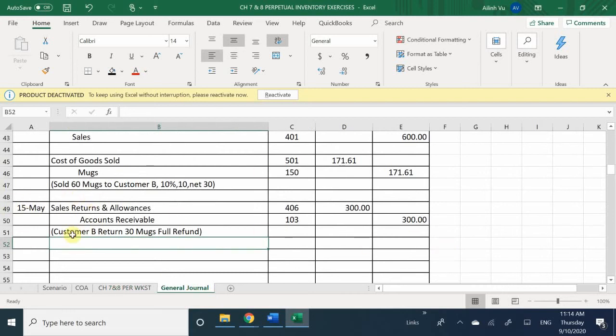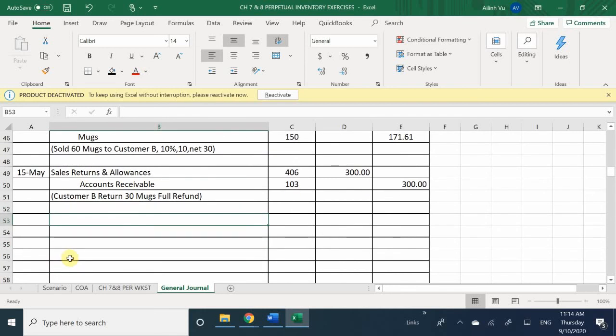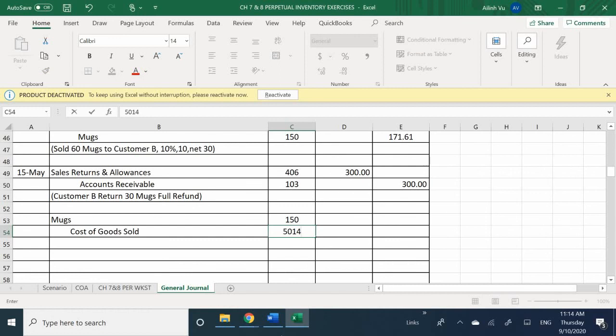But because we had to update our inventory, what else do we need to include? Good. We need to put back the inventory, and we need the cost of goods sold. Let me add that S in mugs. This was 150, and cost of goods sold was 501. We needed to refund 85.81.